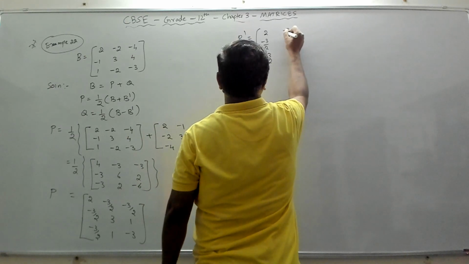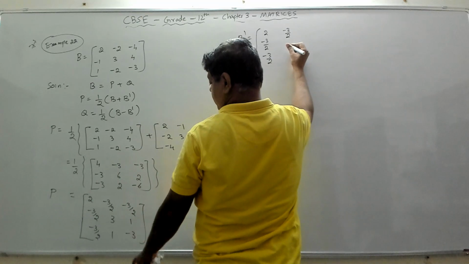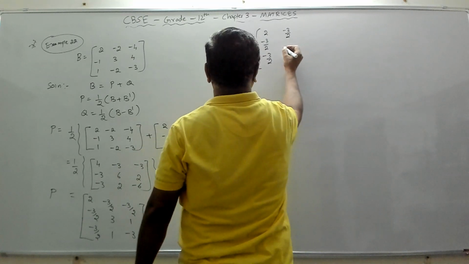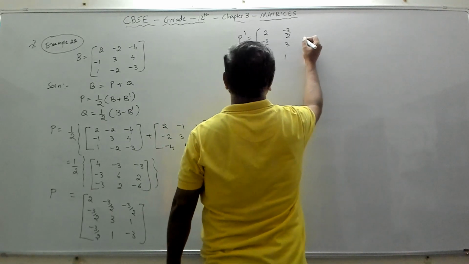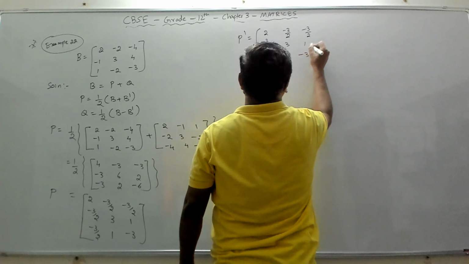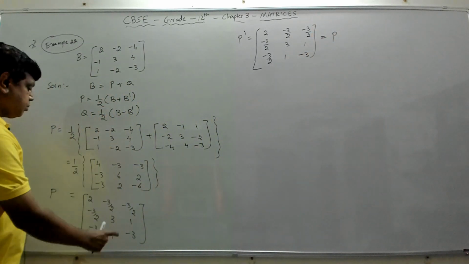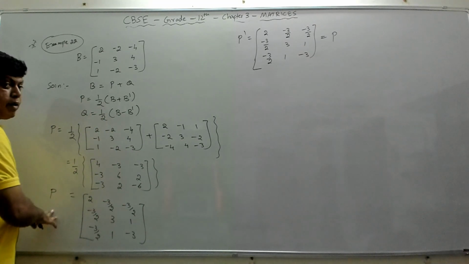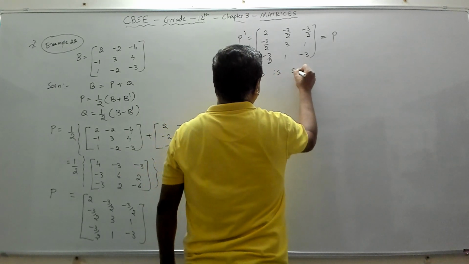Then minus 3 by 2, 3, 1. Then minus 3 by 2, 1, minus 3. And that is the same as your P. If I took the transpose of this, I got back the same matrix P. Therefore P is a symmetric matrix.